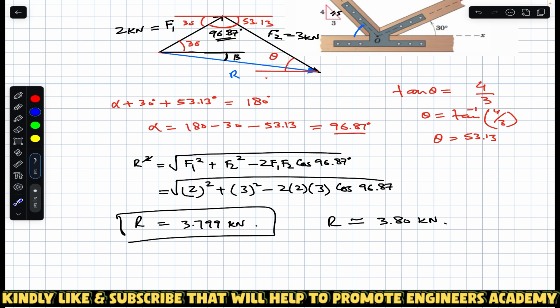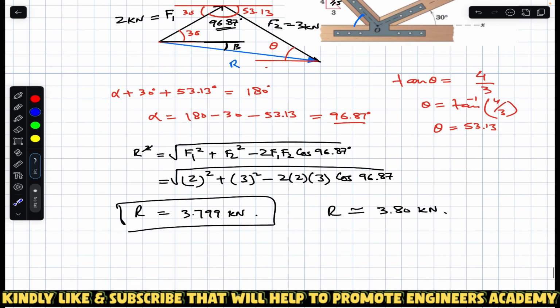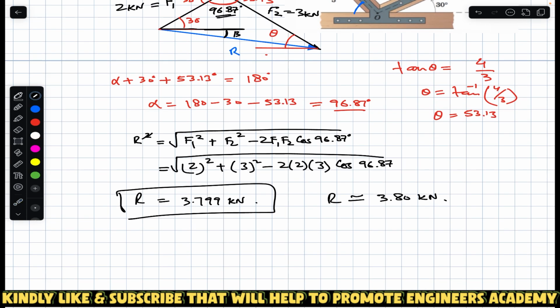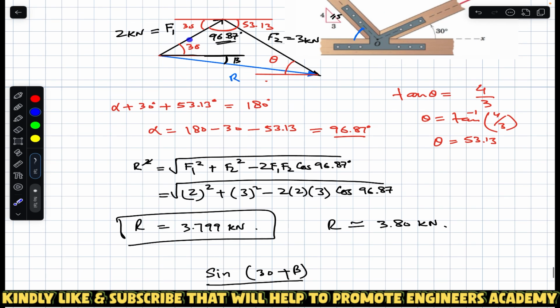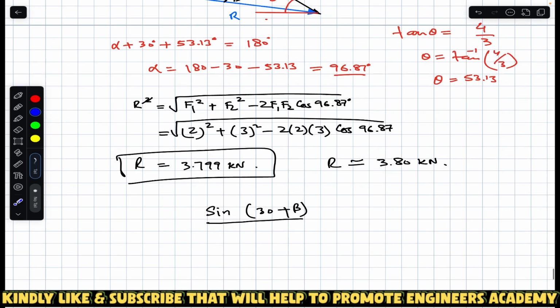Now we can find angle beta if we apply the law of sines. This whole angle for this triangle will be 30 plus beta, and we want to find that beta. So if I apply the law of sines, sine of 30 plus beta divided by the magnitude of the opposite side. The opposite side to this 30 plus beta angle is F2, which is 3 kilonewton.